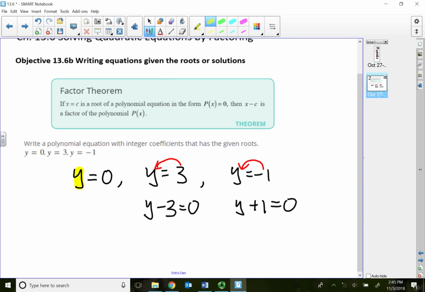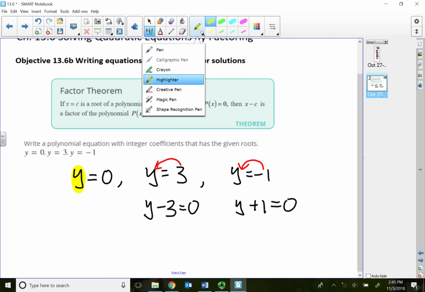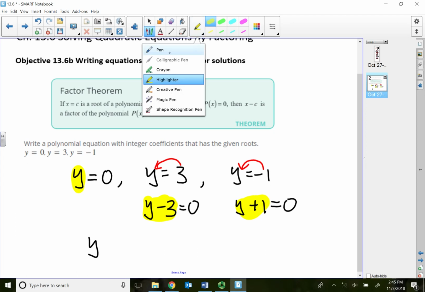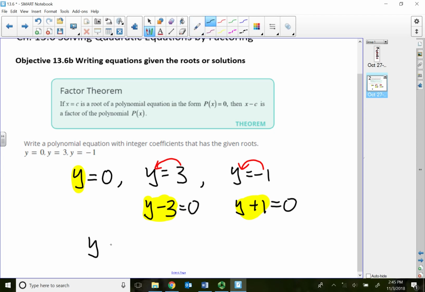A factor that only consists of one term should be at the very beginning. Factors that have multiple terms should be inside the parenthesis. So that would be y times (y minus 3) times (y plus 1) equal to 0. So this was the factor form before I set each factor equal to 0.